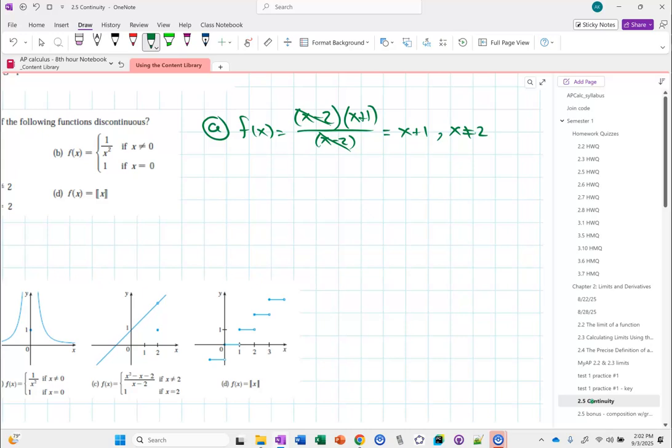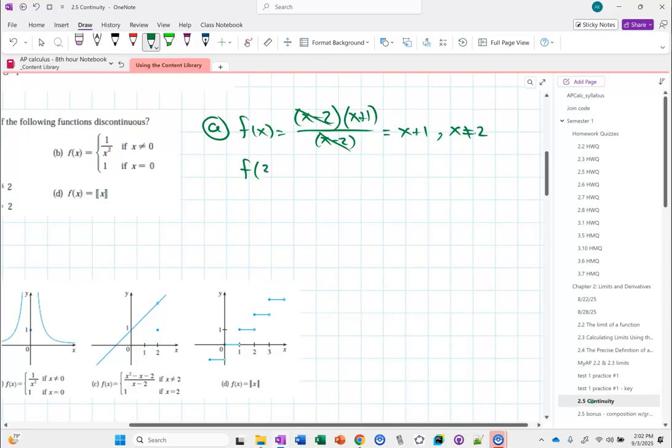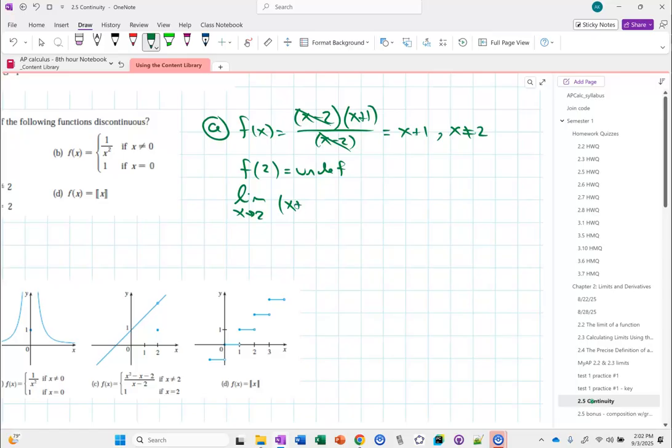Someone had a comment or a question? No? Still doing okay? So if I look at that, f of 2 is undefined, but the limit as x approaches 2 of x plus 1 is just 3.